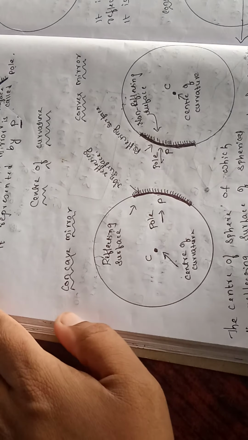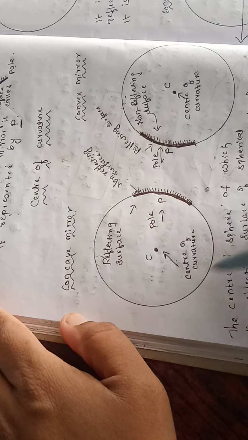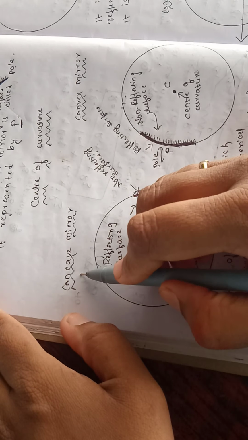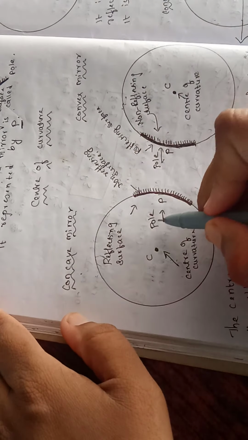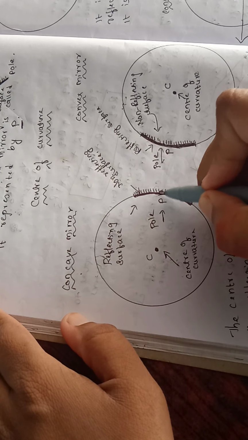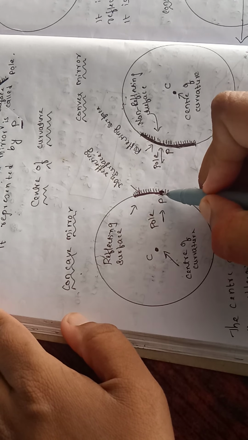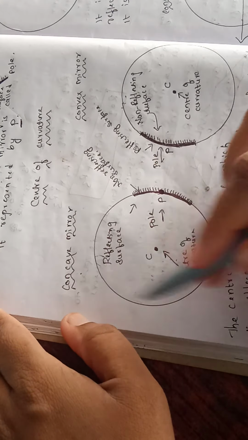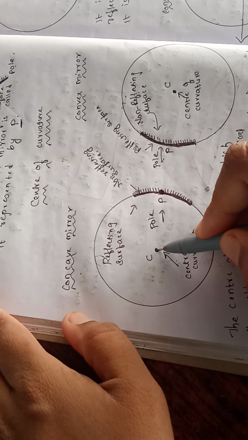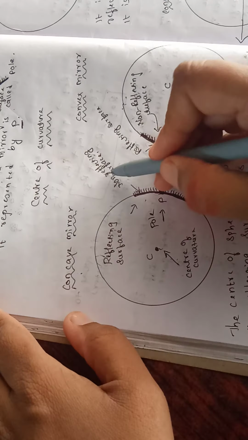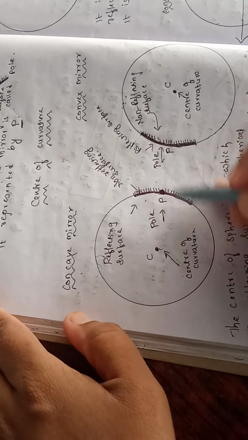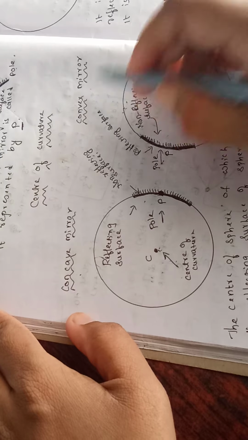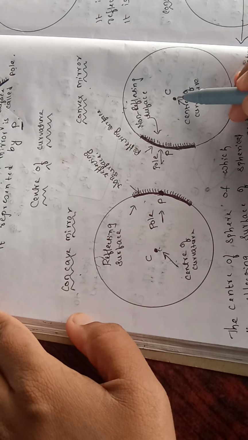Okay, so if I complete the circle, as usual we know the center of the reflecting surface is the pole, right? Now this particular spherical surface has a center. Either in the case of a concave mirror or a convex mirror, it will have a center.